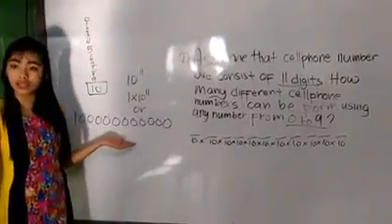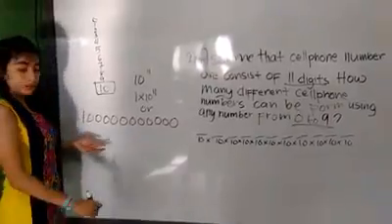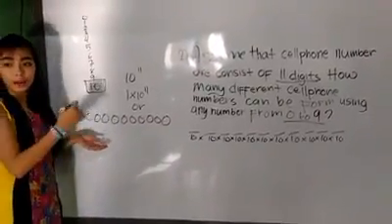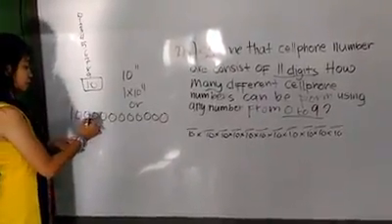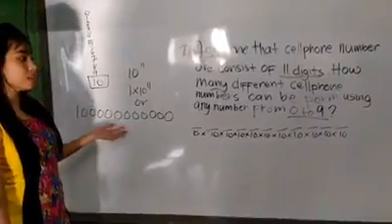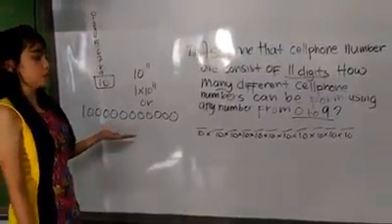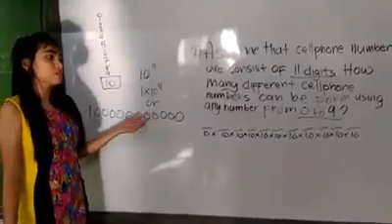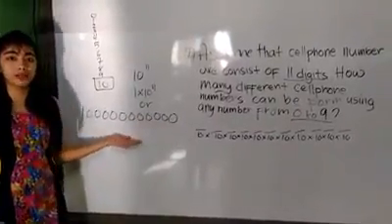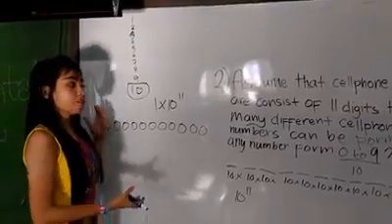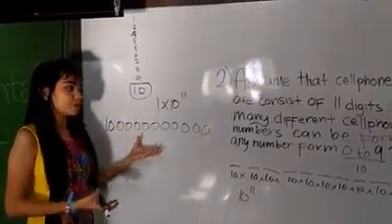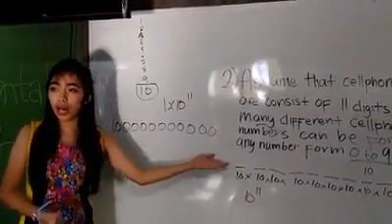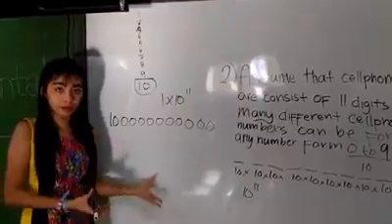So this is the answer: 100 billion cell phone numbers can be formed using 0 to 9. This method can be used if the situation allows repeating the numbers.